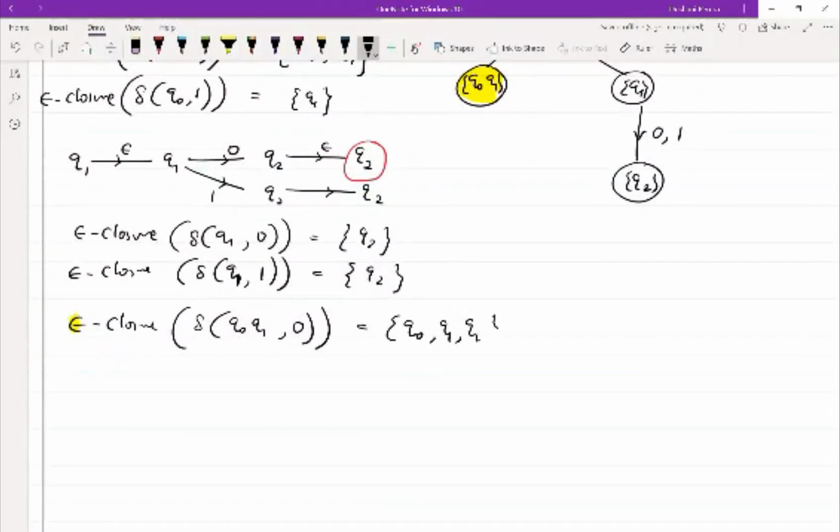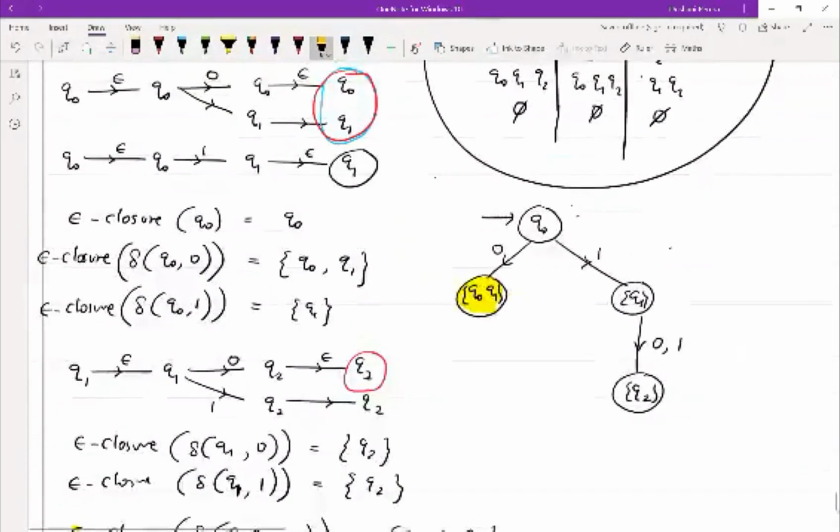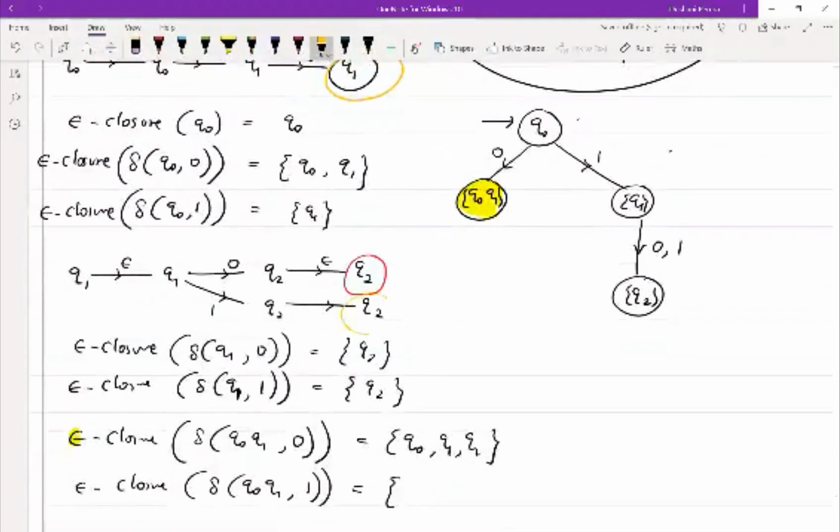Q0, Q1, Q2. Similarly, do the same thing for the other one, delta Q0, Q1 with 1. What will I get? I should give symbol 1. So here it is Q1 and here the answer is Q2.